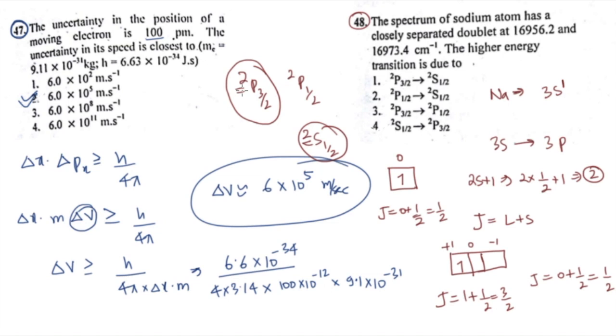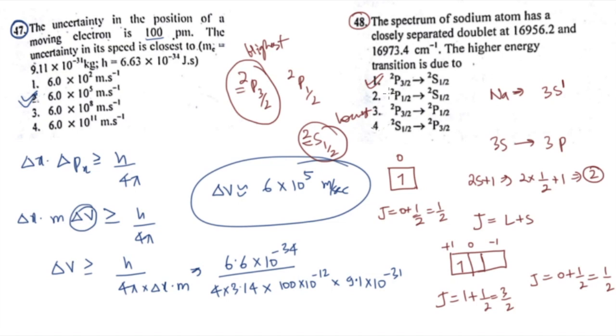The higher energy transition will be happening when the transition takes place from the highest possible energy state to the lowest possible energy state. So this one is the highest possible, and this one is the lowest possible. So when the transition is done from 3p3/2 to 2s1/2, that will have the highest energy. So that's why option A becomes your correct choice.